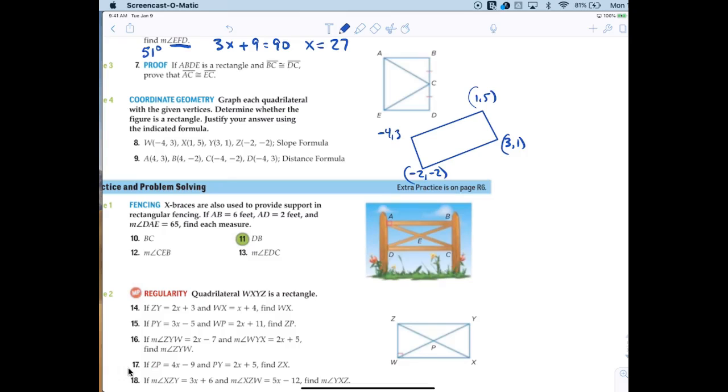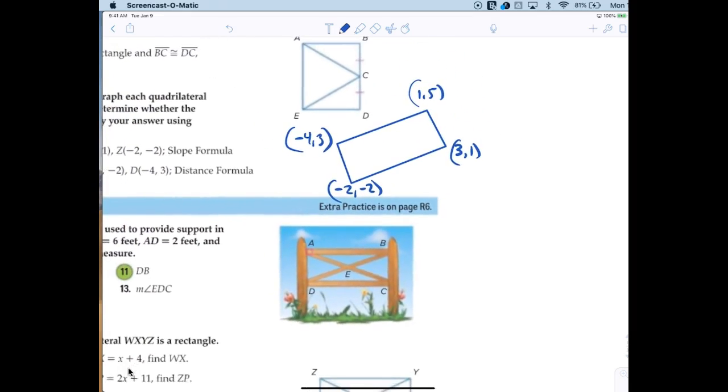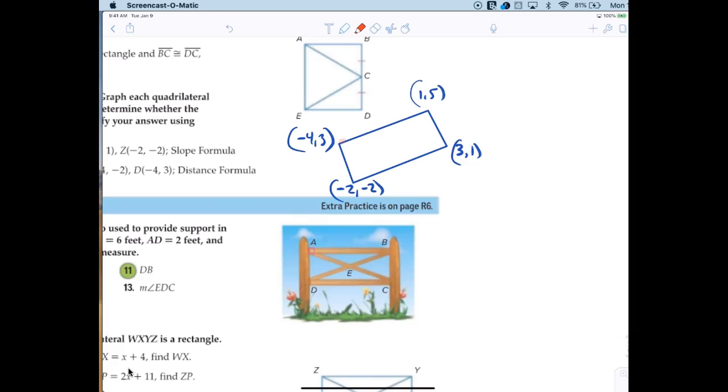It would be easier with graph paper, but mentally, visualizing things, I think we're good. I want someone to tell me what the slope of that line is. Does everybody agree it's 2 over 5?